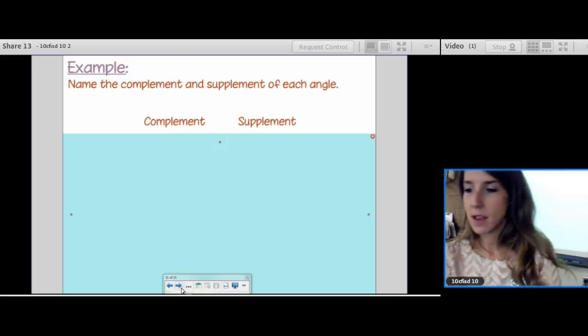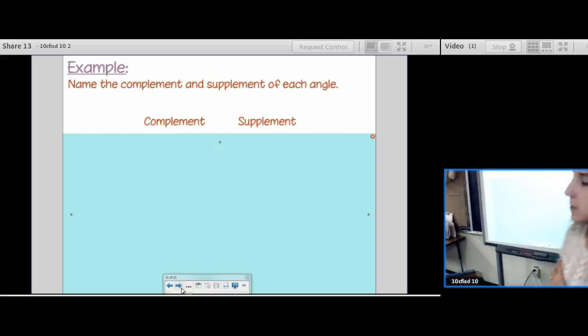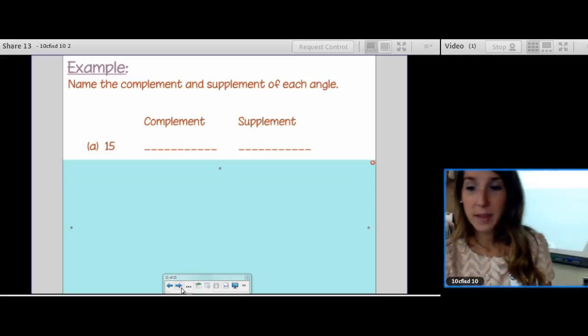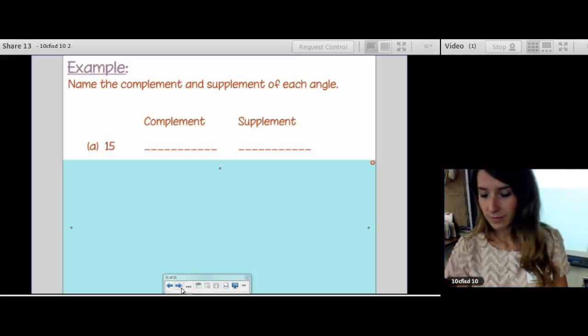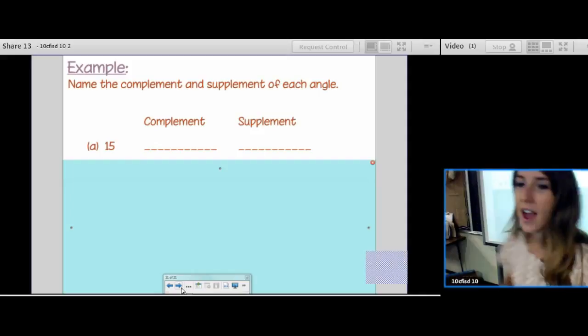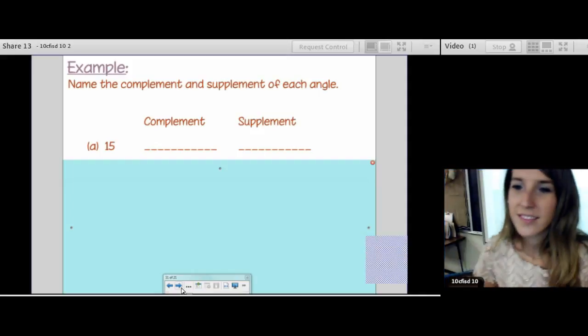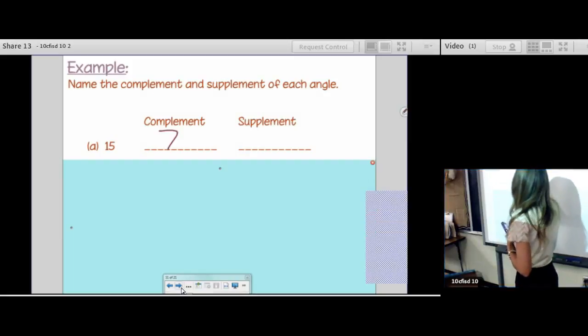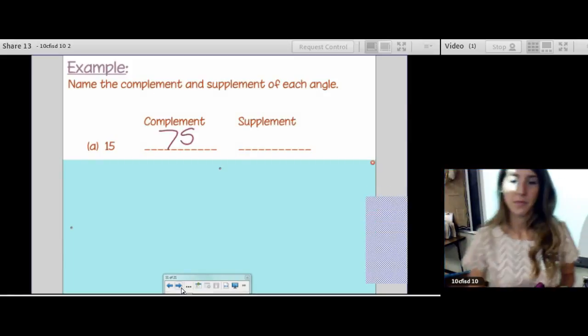Let's practice naming the complement and supplement of these angles. We're going to go quickly through it so that we have time. What's the complement of 15? Nice. Well, 75, yeah. What's the supplement of 15?